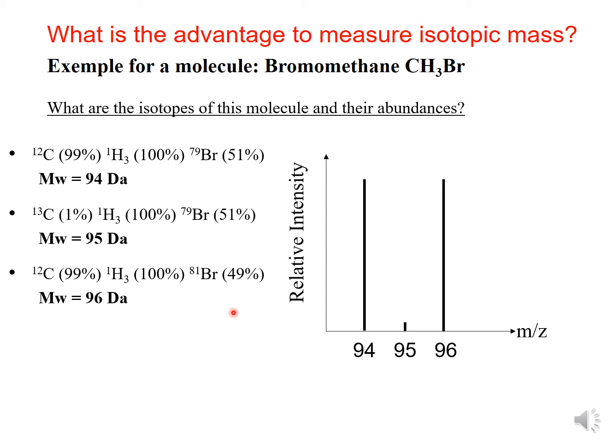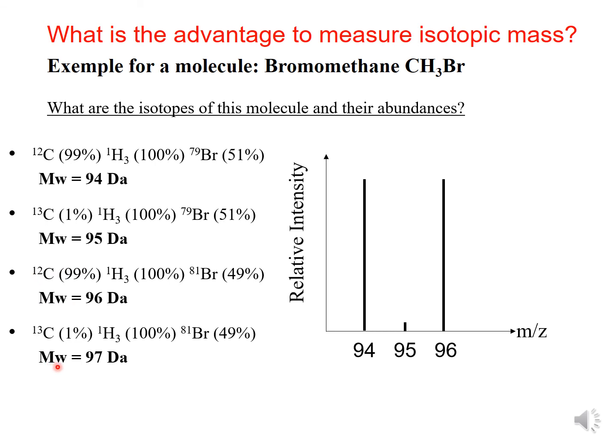Okay, and the last one is the same isotope with the bromide 81, but in that case with the carbon 13. The carbon 13 now gives an addition of 1 Dalton as compared to these isotopes.